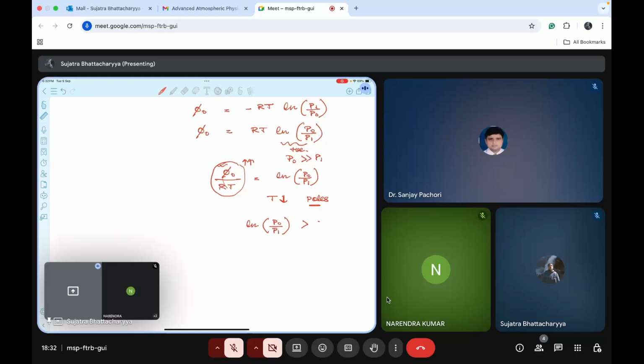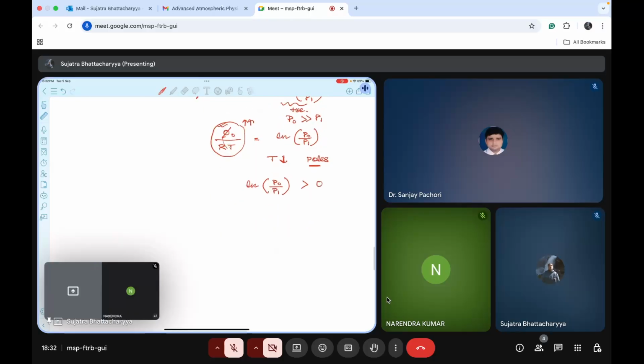It becomes much, much higher. So log of P naught minus log of P1 is greater than 0, and this difference is increasing. Surprisingly, I don't know why the answer is decreasing. I'm not sure, but what I have got is that it keeps on generally increasing.